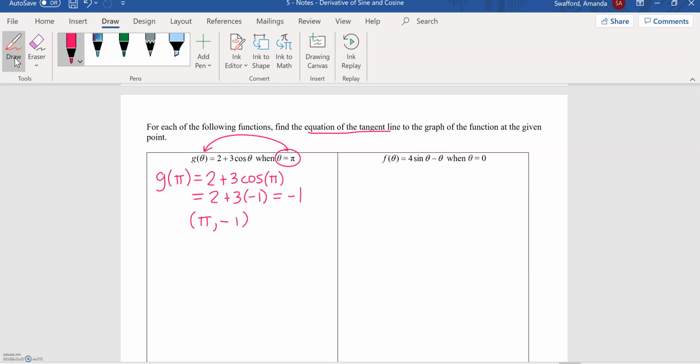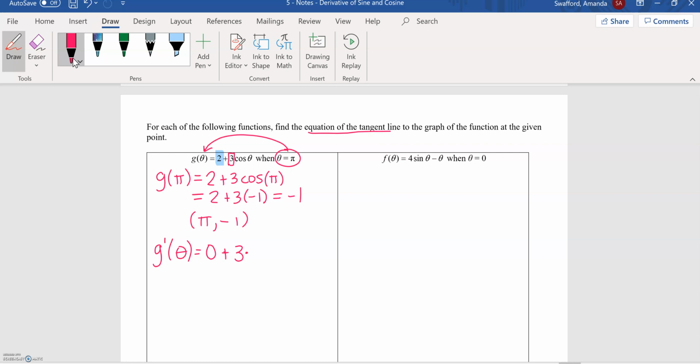Now to write the equation of the tangent line, I need the slope, and in order to find the slope, I need the derivative. So I'm going to find g prime of theta. Work this like normal. What's the derivative of 2? Well, that becomes a 0. This 3 that's in front of the cosine is going to stay there, and then it gets multiplied by the derivative of cosine.